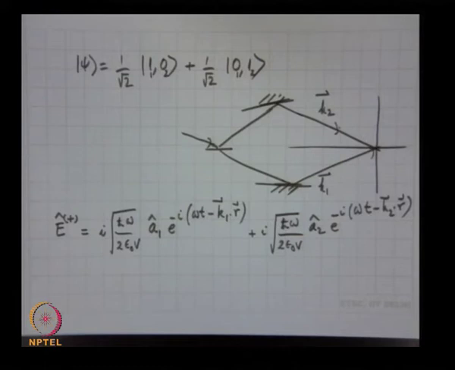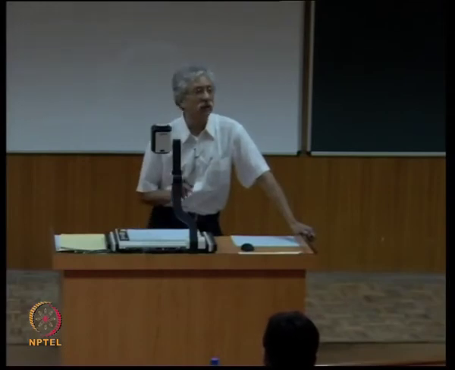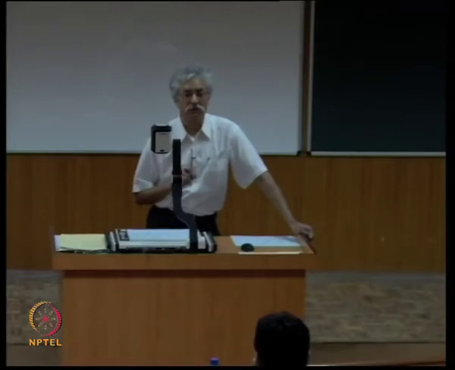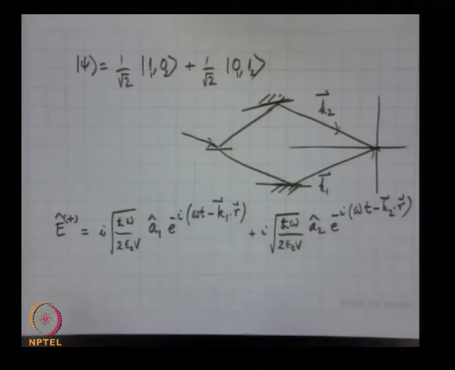In the problem sheet, I have given a problem in which the two modes correspond to waves propagating in the same direction with the same polarization but at two different frequencies. So I will have to follow the same procedure, except that I will have to have omega 1 and omega 2. The case will be the same.